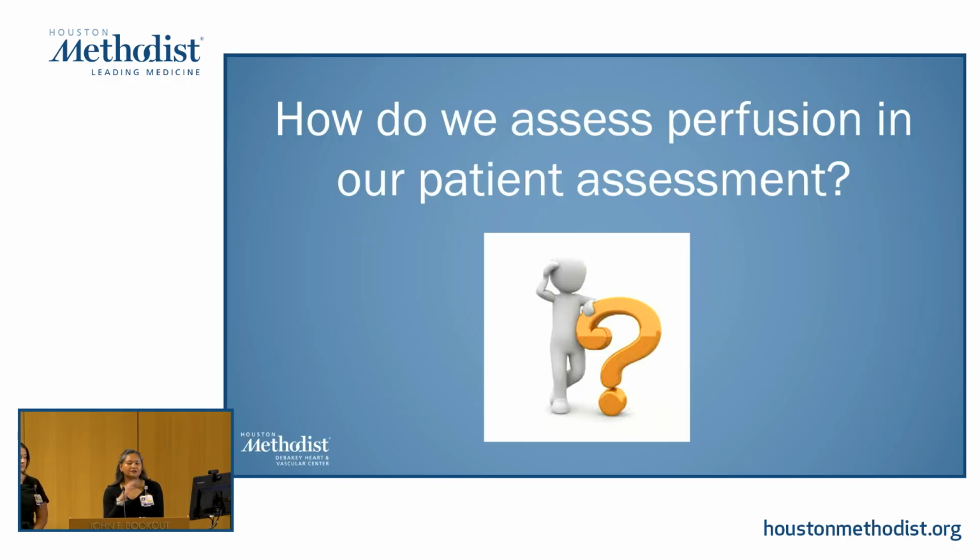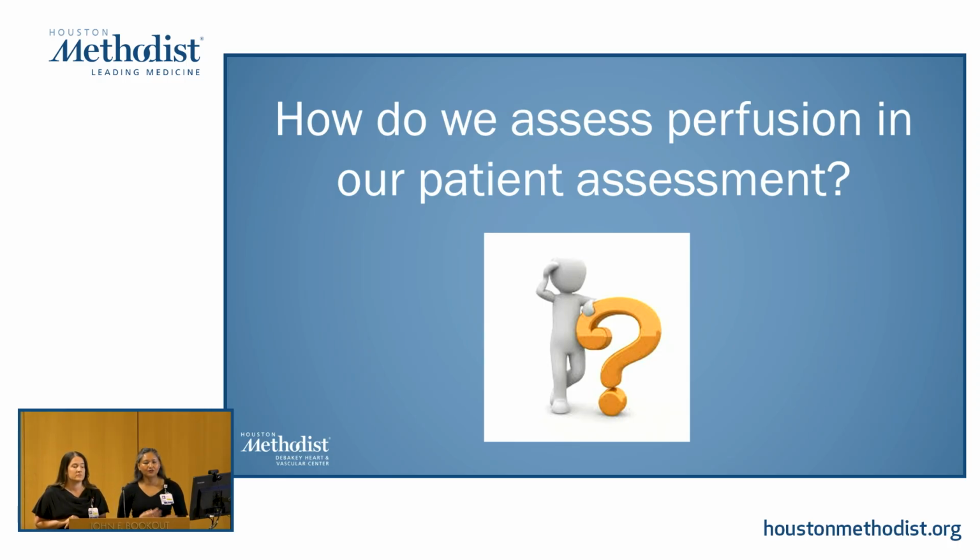Really quickly, so we've talked about numbers, but when you're stepping into your patient's room in the morning and you look at your patient, you're doing your patient assessments, what are some ways that you can assess perfusion just by good old-fashioned patient assessment? That's a question to y'all. I heard pulses, yeah. Skin, temperature, yep.